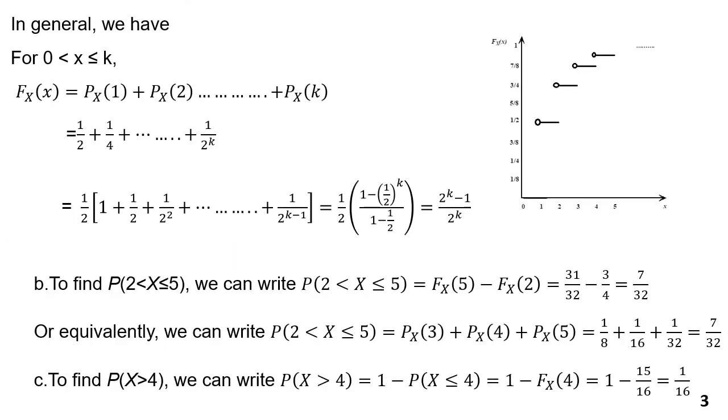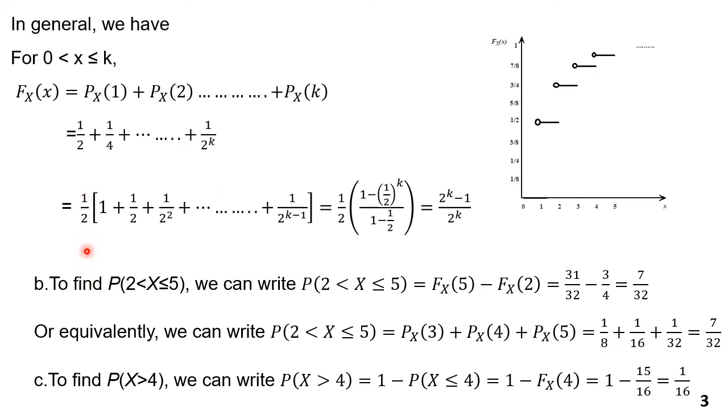Let us try to get the generalized formula for the CDF, that is given by Fx(x) equal to Px(1) plus Px(2) plus Px(3) up to Px(k), that is half plus 1 by 4 plus 1 by 8, and so on up to plus 1 by 2 to the power k.